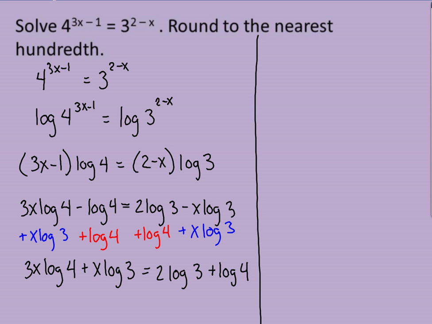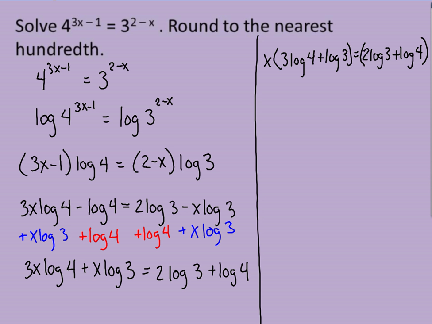Now on the left side, each of them have an x, so we're going to factor an x out of each piece. Now this is x times 3 log of 4 plus log of 3. Right now it's multiplication.